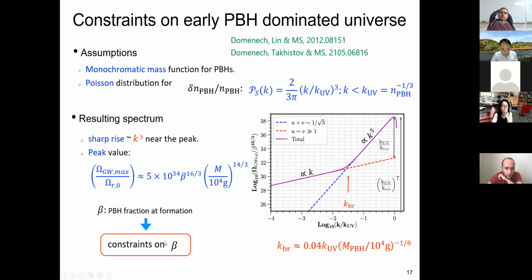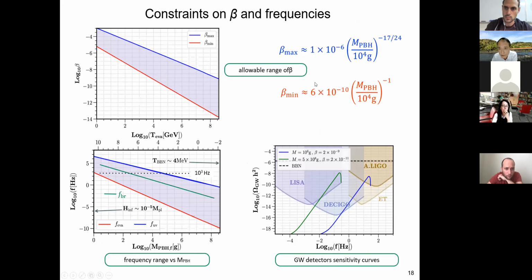Anyway, this gives rise to an interesting constraint. For example, if you consider some particular value of mass and the fraction of the universe which turns into black holes, then of course it can reach the advanced LIGO or LISA level and so on and so forth.